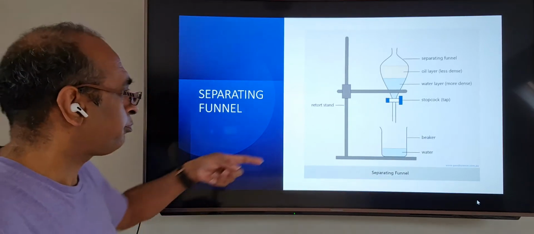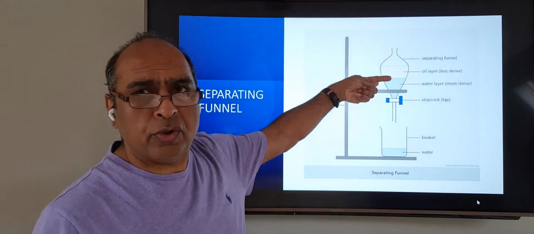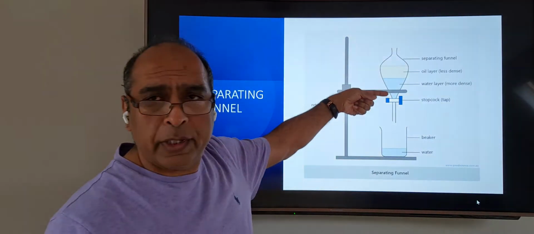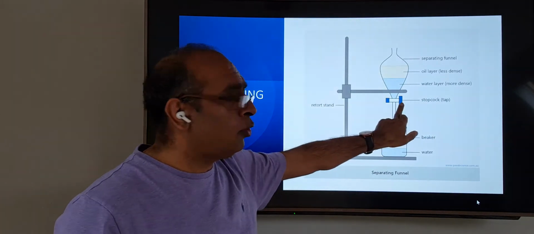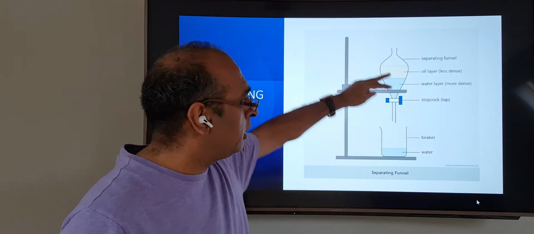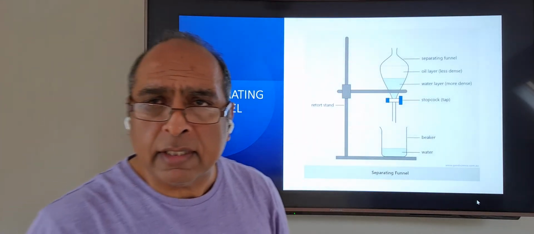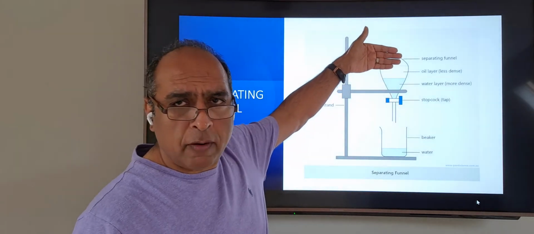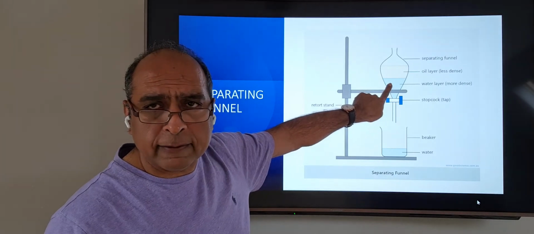Look, you put your 2, or sometimes there are even more than 2 liquids that are immiscible into the funnel, and you close the stop tap. So the stop tap is closed. When they're in there, because of different densities, then the lower density liquid will float on top and the higher density liquid will be underneath.